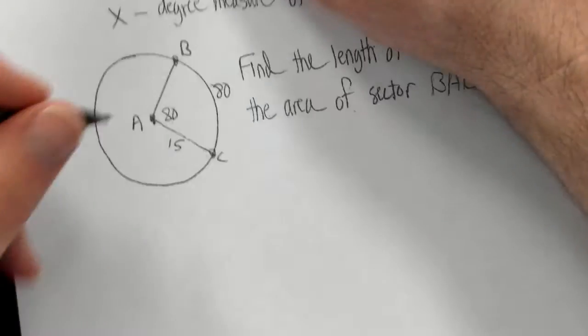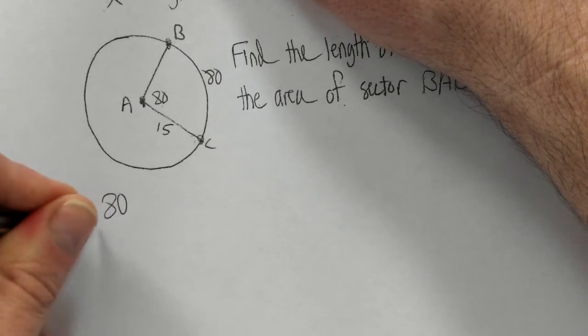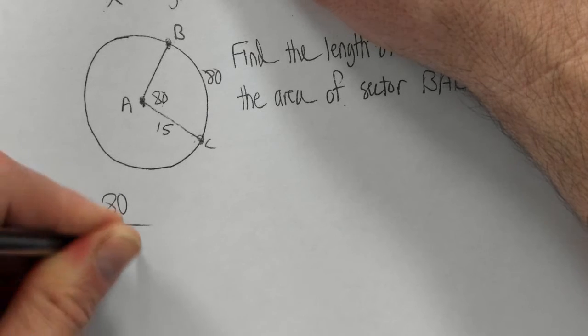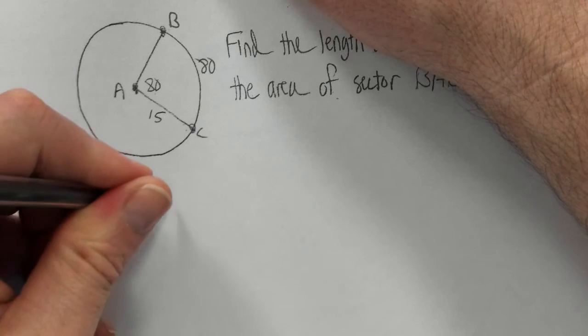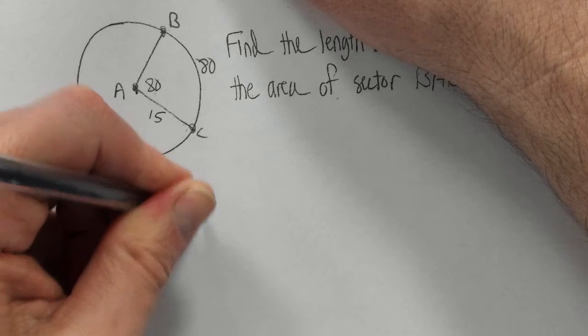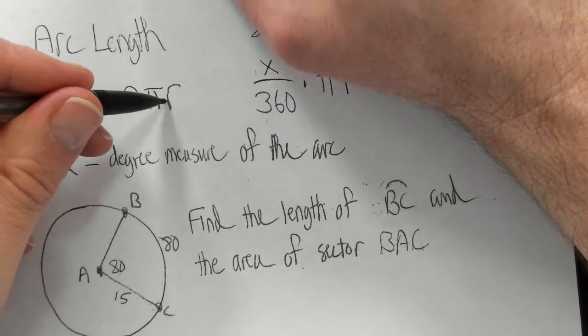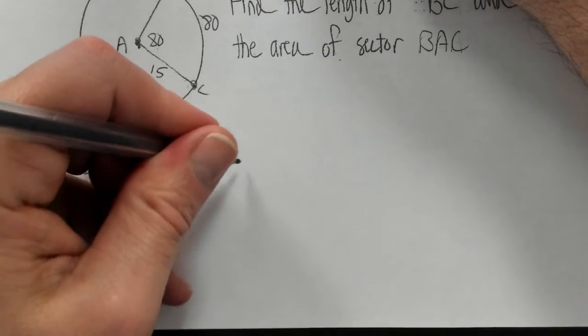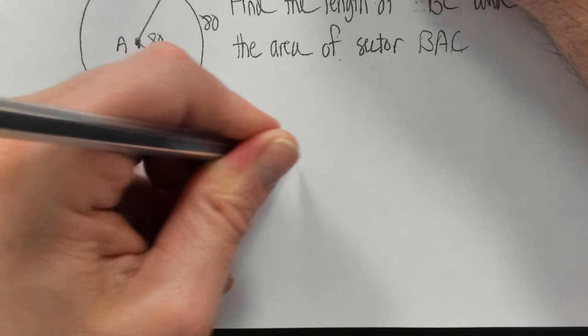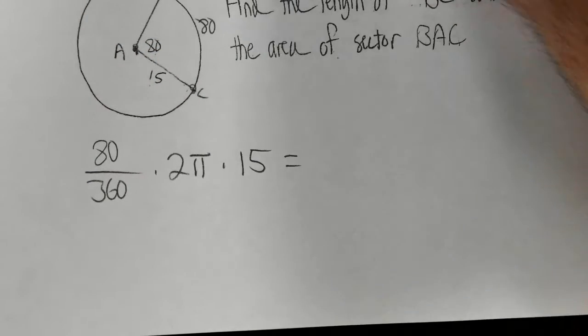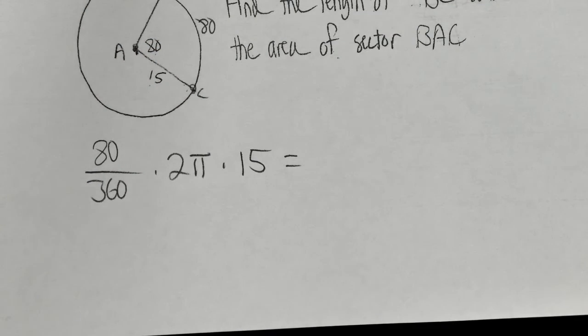And so what goes in for x? 80. So it would be 80 over 360 times 2 pi times the radius, which is 15. All right. And if we take all that and put it into our calculator, let's see what we get.